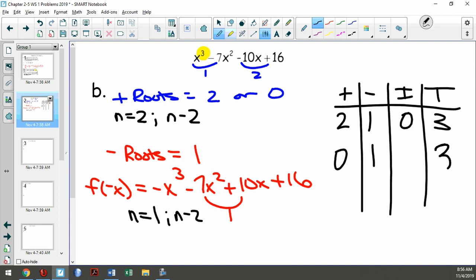I still have to have a total of 3 roots. So how many are left to be imaginary? 2. Do we all understand this chart right here? Yes or no? Okay, well that's all great, because now what does part 3 say to do? It says to graph the polynomial. So what we're going to do is we're going to pull up our graphing calculator.